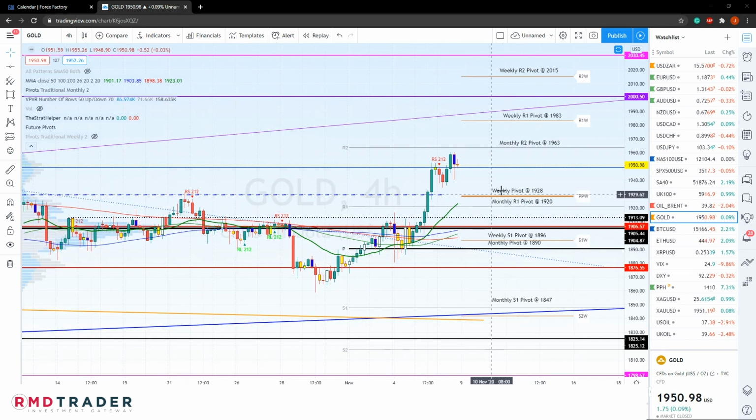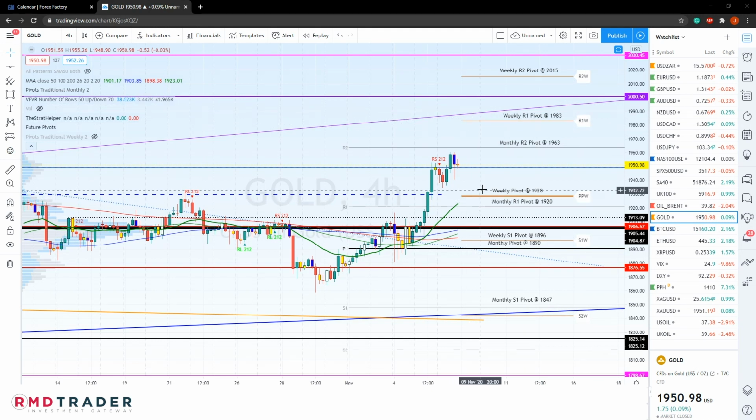If we do see some bullish price action from this level, we can perhaps see new bullish targets at the monthly R1 pivot at 1963, followed by the weekly R1 pivot at 1983, and that will also be very close to where we converge with this very important psychological level of 2000, which is also the monthly R3 level.